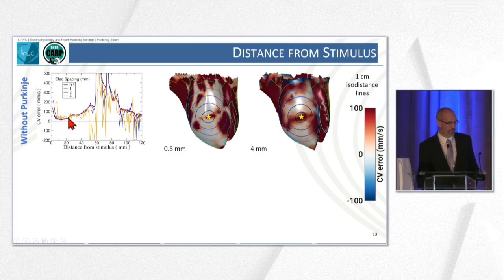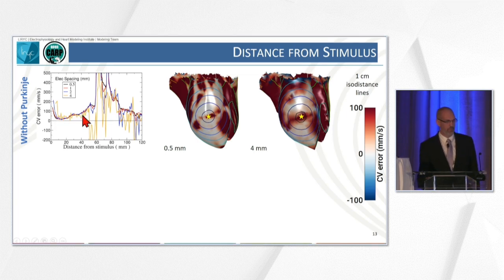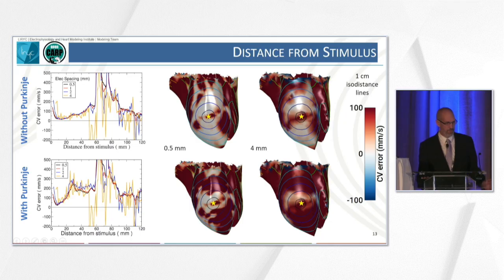When we don't have a Purkinje system, the error is less than 10 centimeters per second within 4 centimeters from the pacing electrode. Once we do add the Purkinje system, it's only valid within 2 centimeters, using the same error threshold.